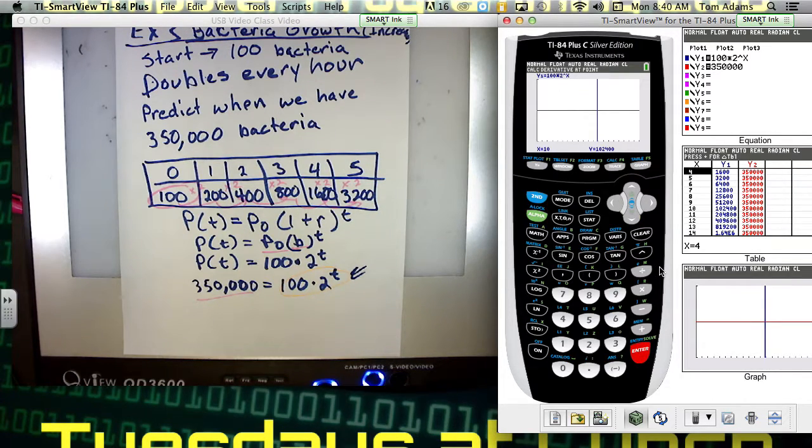Now here's the problem. It says that I need to do the intersection at a point, so I've got to find the intersection at this point. I think I clicked the wrong thing though. Yeah. If I hit second calc, I'm going to come down to intersect, which is 5.